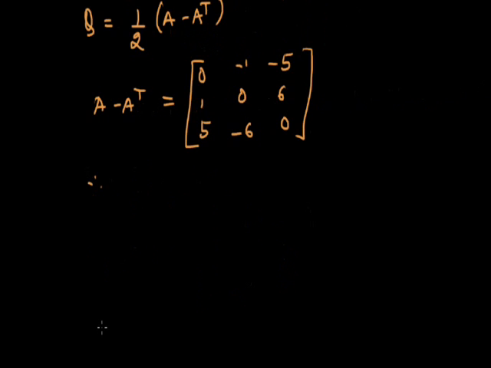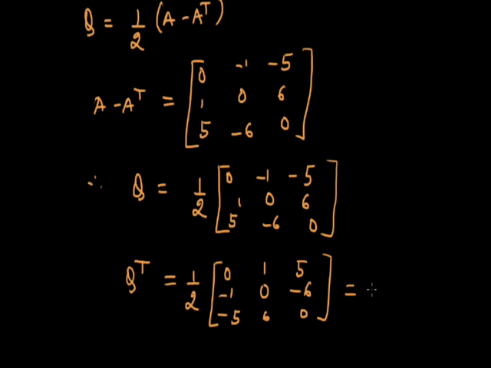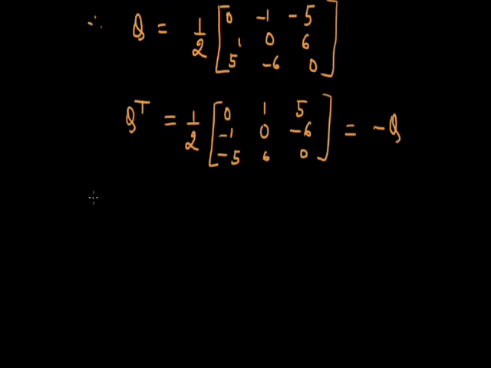So Q equal to half of (A minus A transpose). So Q transpose equal to half of [0, 1, 5; -1, 0, -6; -5, 6, 0], which is equal to minus Q. So therefore Q is a skew symmetric matrix.